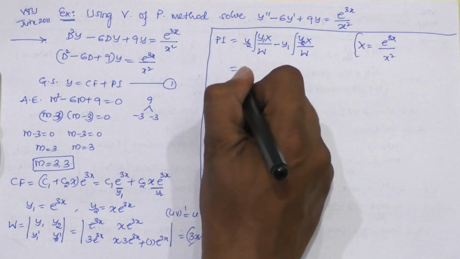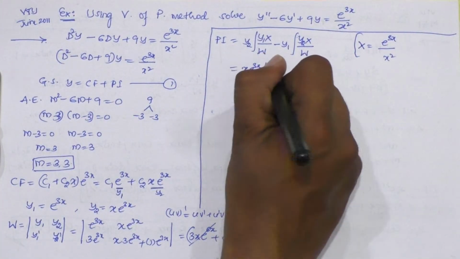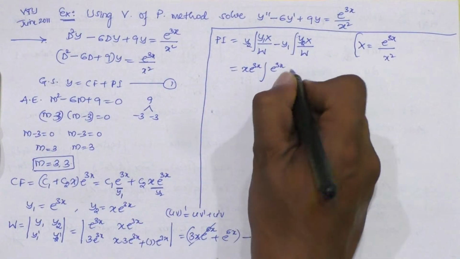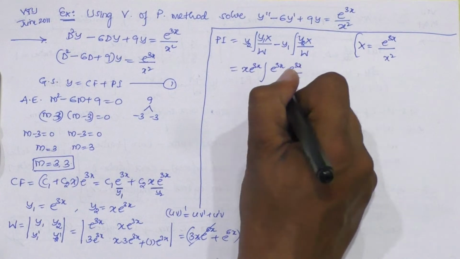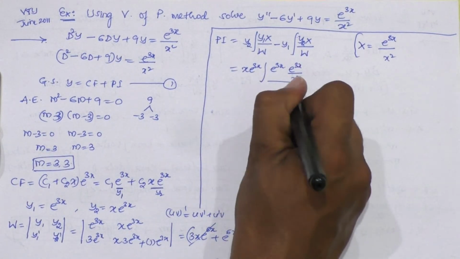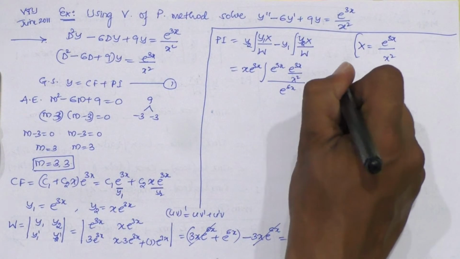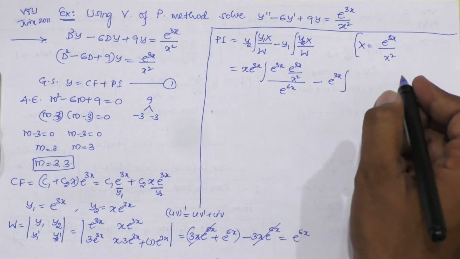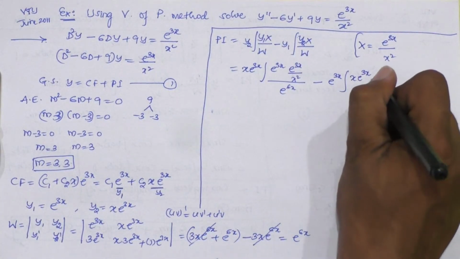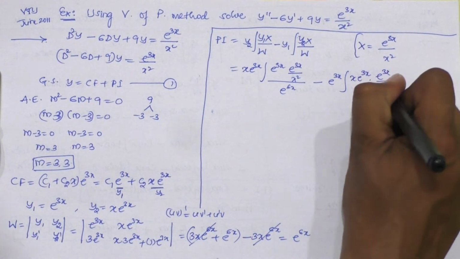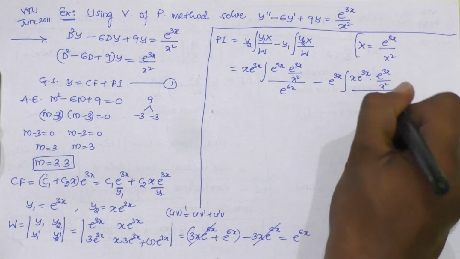So y2, x e raised to 3x, into integration of y1, e raised to 3x, times capital X, e raised to 3x by x square, whole divided by W, e raised to 6x, minus y1, e raised to 3x, into integration of y2, x e raised to 3x, times capital X, e raised to 3x by x square, whole divided by W, e raised to 6x.